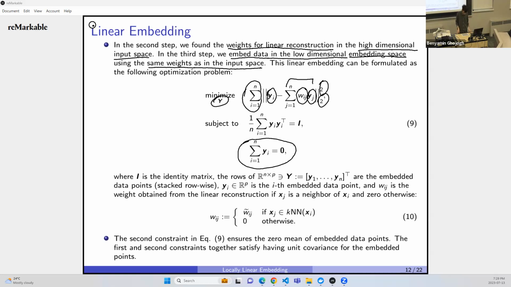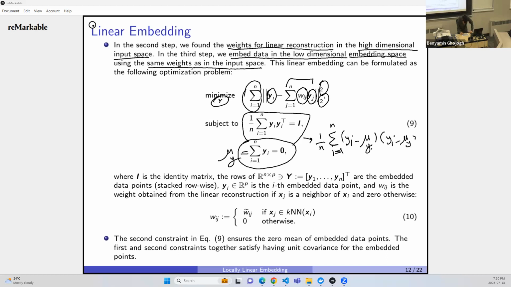I want the mean to be 0. Also, I want this to be I. What do I mean by this? It is equal to the sum of (y_i minus mu_y) times (y_i minus mu_y) transpose, where mu_y is the mean of the embedding.